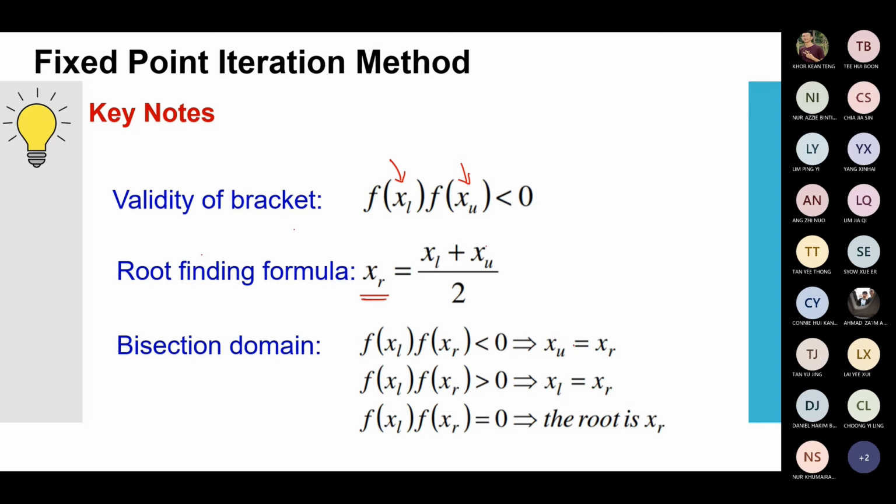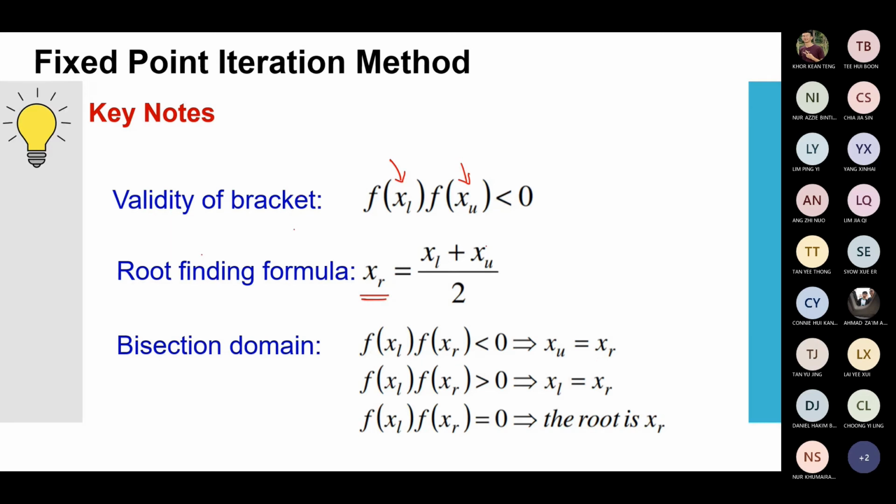You replace the upper boundary value with the new root, or new iterative value, and your lower boundary stays. Don't disturb this. Only update the upper boundary.